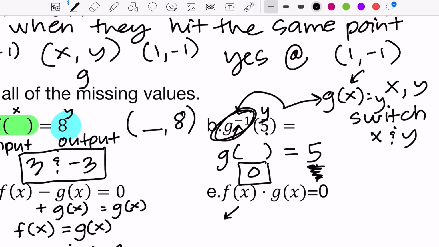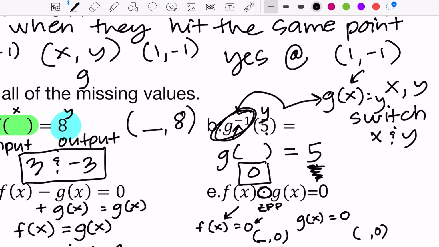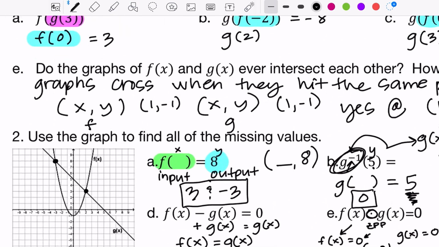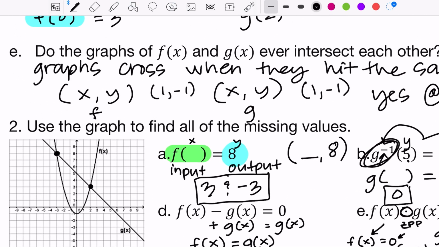Okay, this E one's a little trickier, but we'll be okay. This is the zero product property, ZPP, because we're multiplying. So f of x equals 0 and g of x equals 0. So that's saying, what do you get when you plug in x and your output is 0? So your y is 0. So this is saying this for each of these, right? So look on your graph. We'll start with the f function.